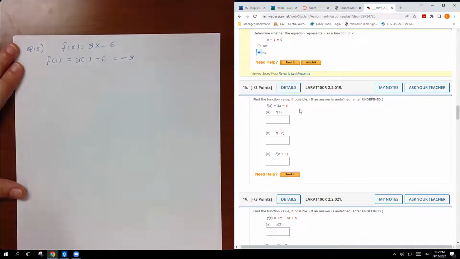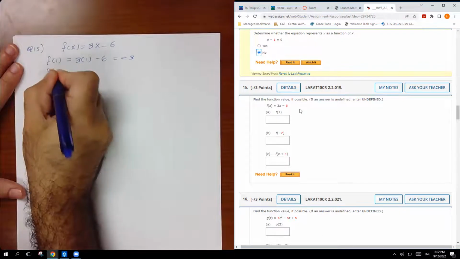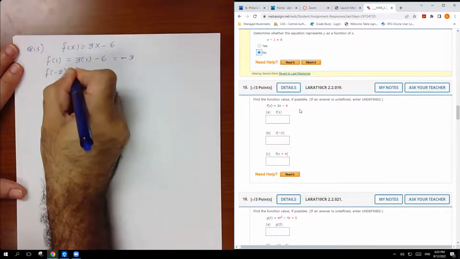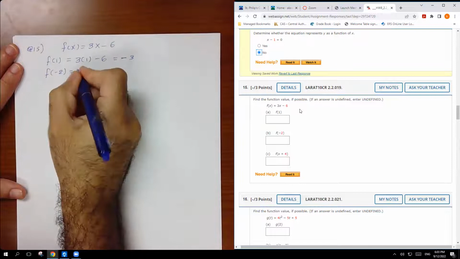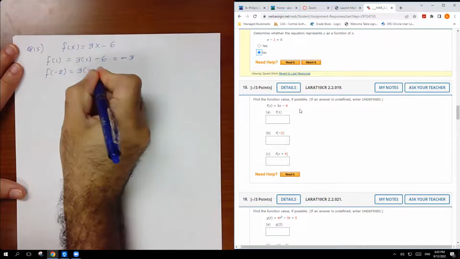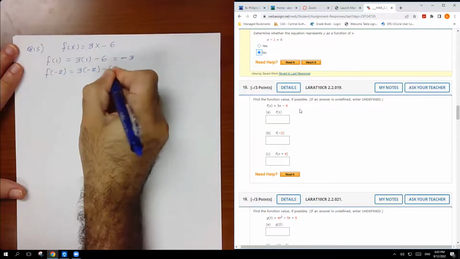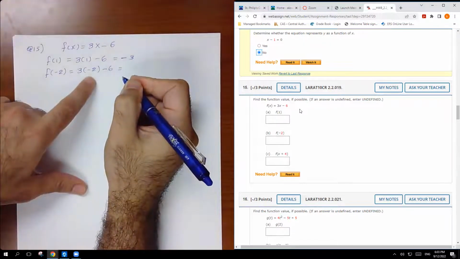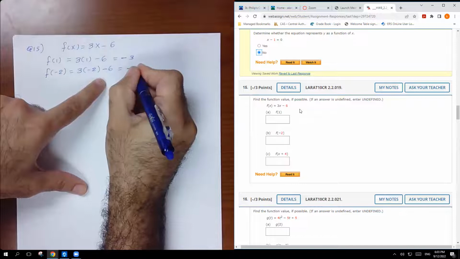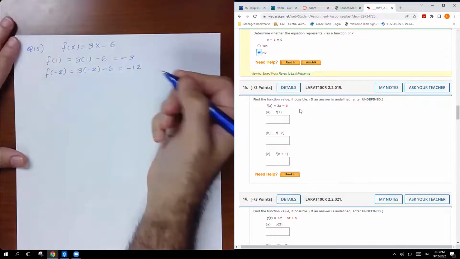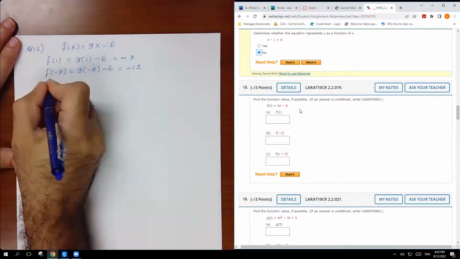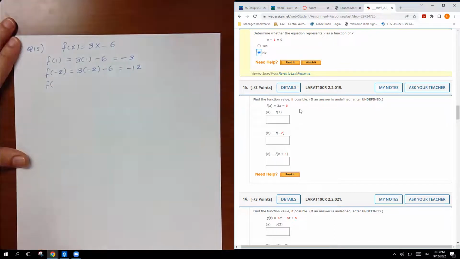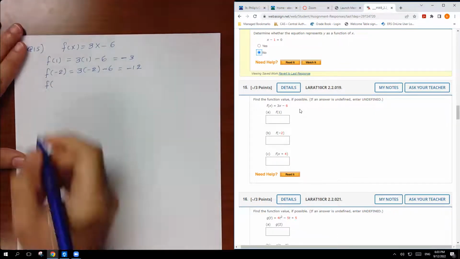Now I need to find f of -2. So I'm going to plug in -2. That means it's going to be 3 times -2 minus 6. 3 times -2 is going to be -6, minus 6 is going to be -12. This is the second one. Now, the third one, I need to find f of x plus 4.